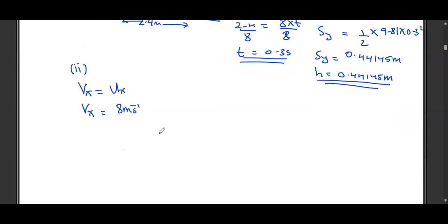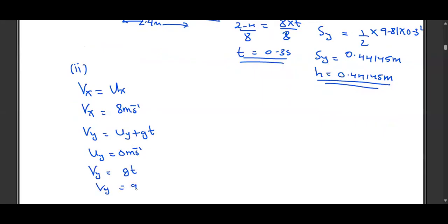Then we come and get Vy, whereby Vy is given by Uy plus Gt. But remember that Uy is 0, since initially this ball was thrown horizontally. So Vy is going to equal Gt.